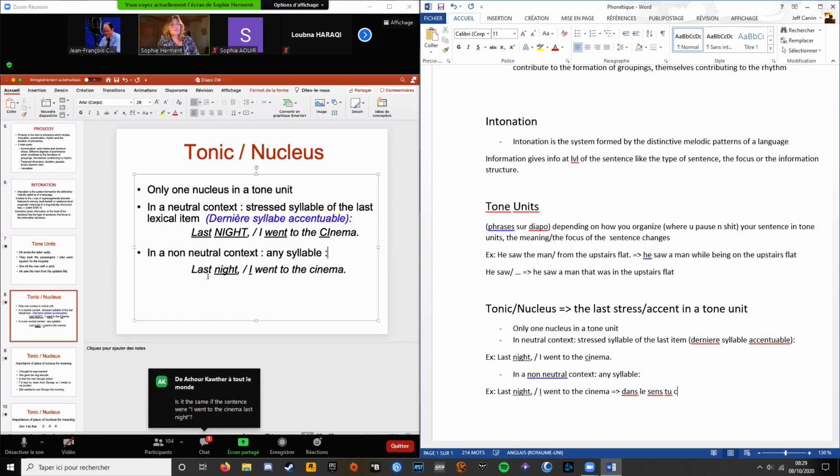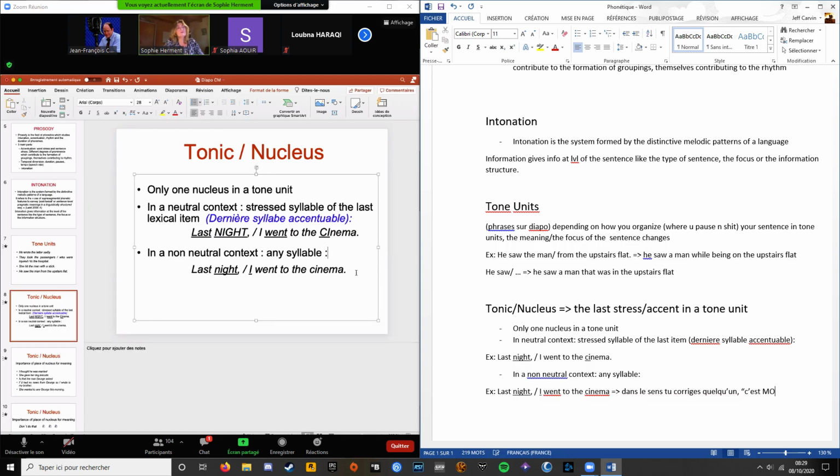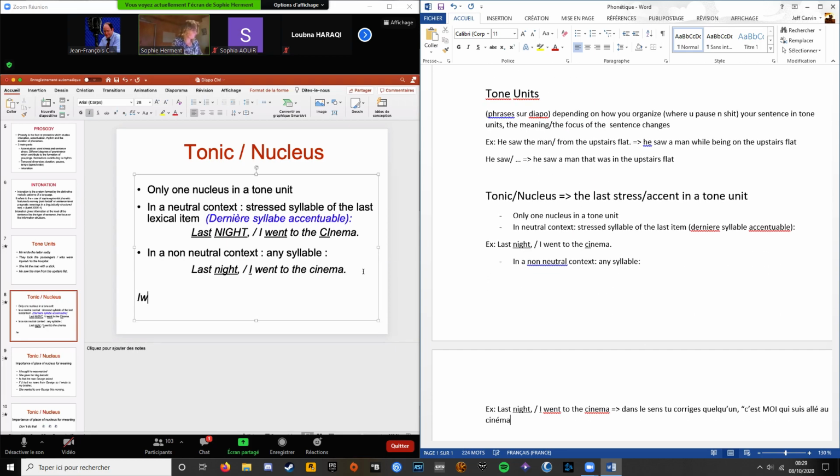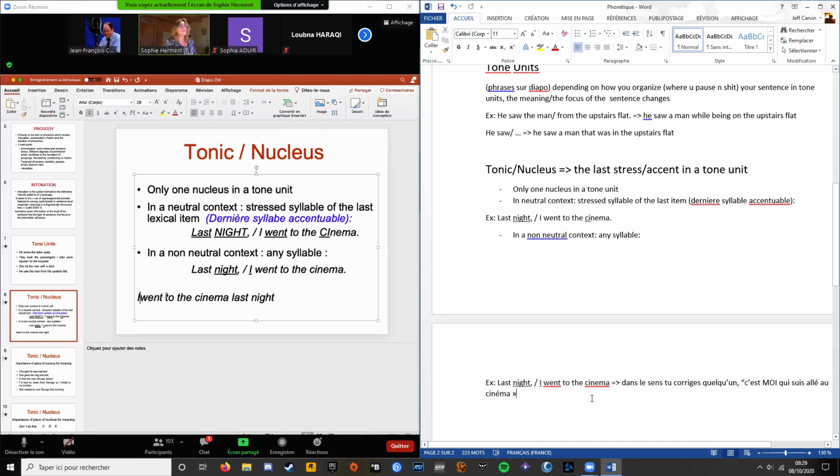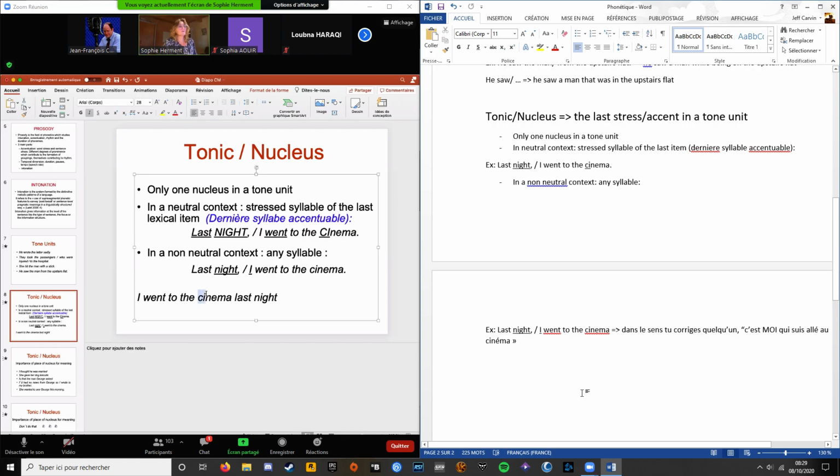Is it the same if the sentence were I went to the cinema last night? Oui. Exactly the same. And the difference would be if you have this sentence, you would probably have this, again, it depends on the context.